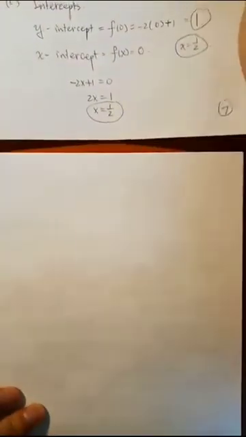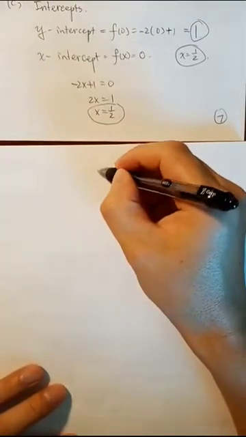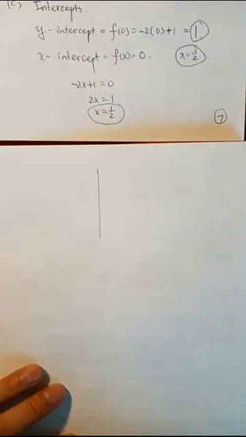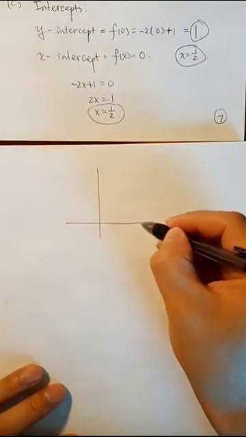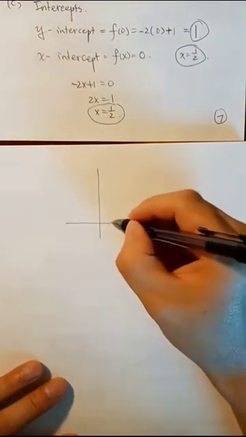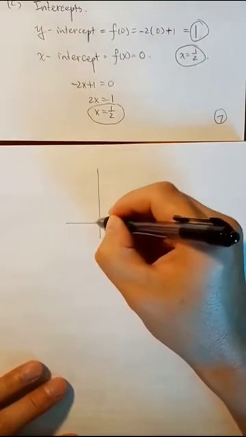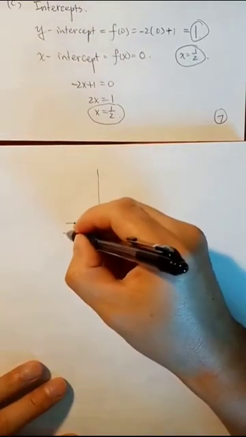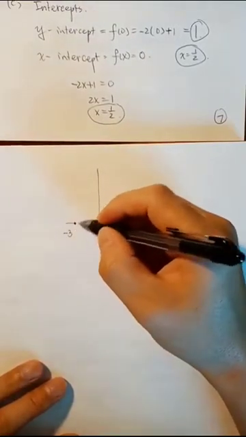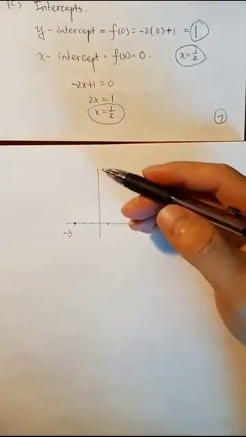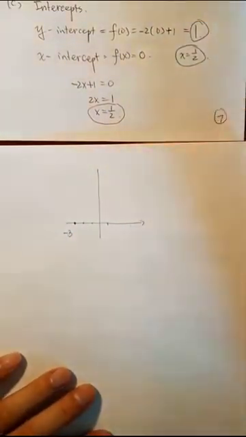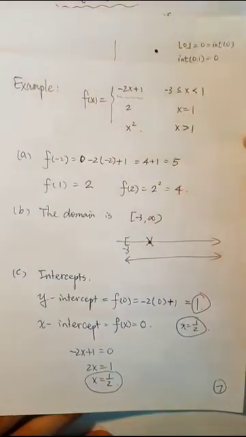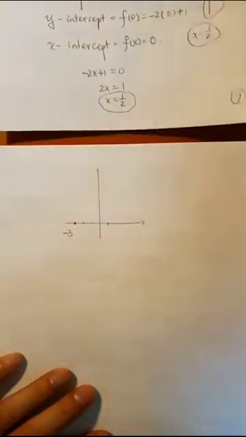And then we check the graph. You have negative 1, 1, 0, negative 1, negative 2, negative 3. We only care from negative 3 to positive infinity; to the left there's no definition. Negative 2x plus 1 is a linear function, so its graph is a straight line.